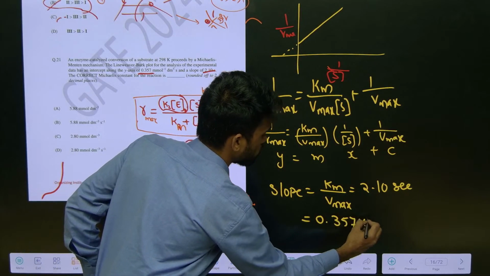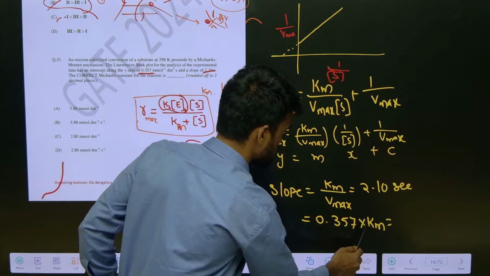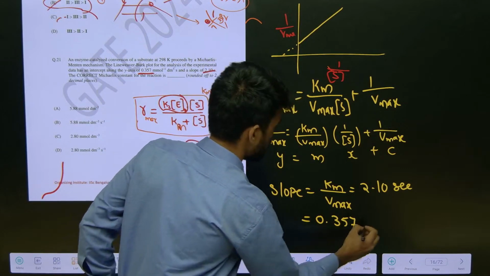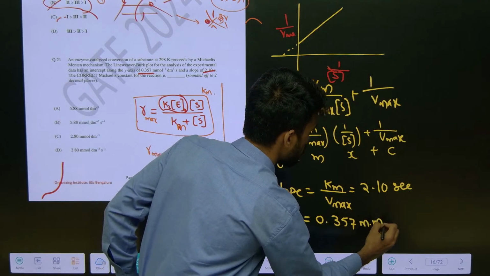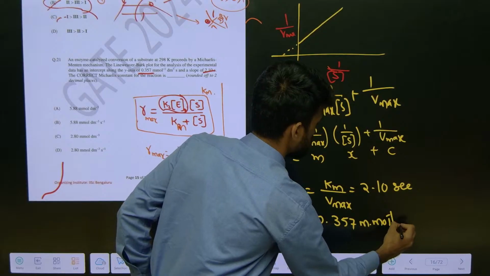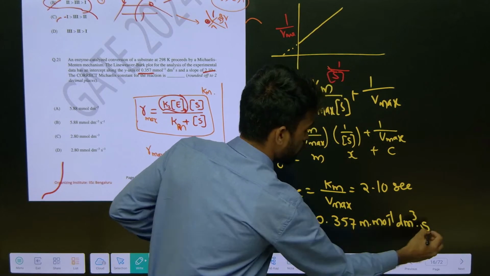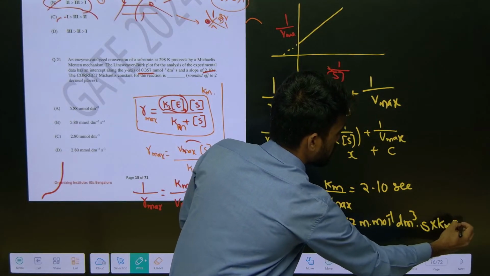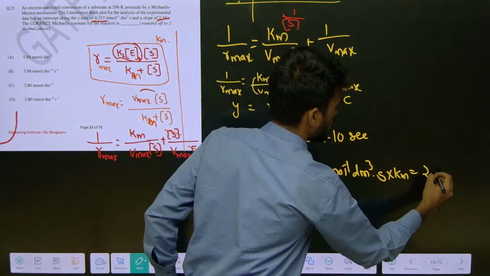0.357 into Km. What are the units also? Please take the units. 0.357 millimole inverse decimeter cube second, into Km is equals to 2.1 second.